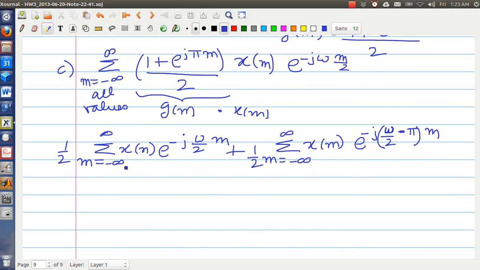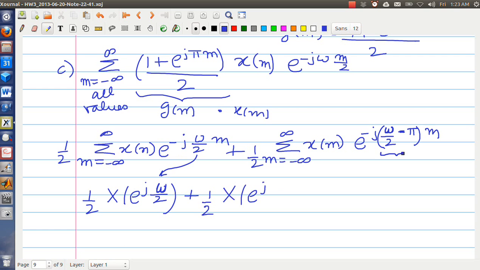So the Fourier transforms of these two would be half times X of e to the j omega over 2, if you remember. Whatever that is appears here, plus half times X of e to the j, that appears here, omega over 2 minus pi.